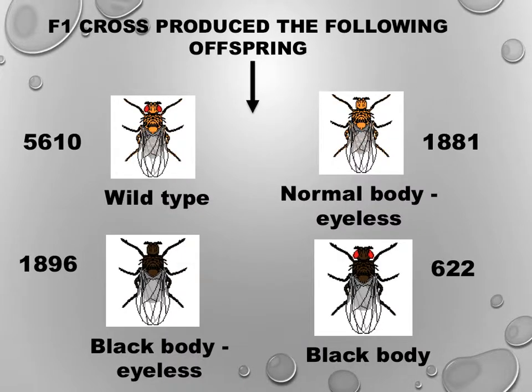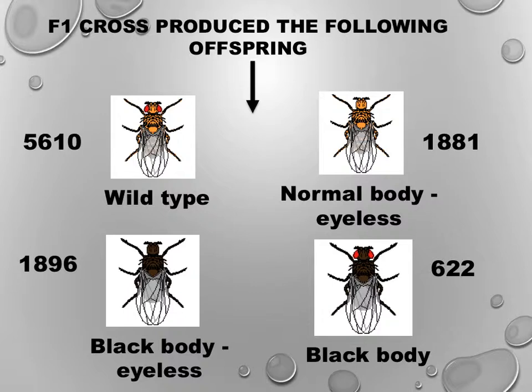So if we were to cross the F1 generation with each other, so cross 2 heterozygotes in other words, this would be the result. We would get some flies that are wild type. We would get some flies that are eyeless with black bodies. We will get some flies that have normal bodies but are eyeless, and some flies that have normal eyes but have a black body.